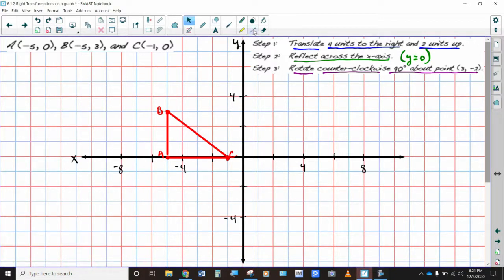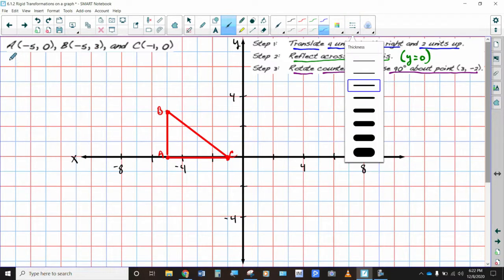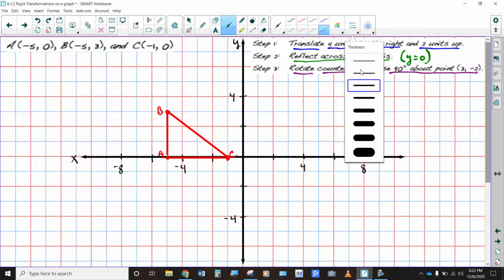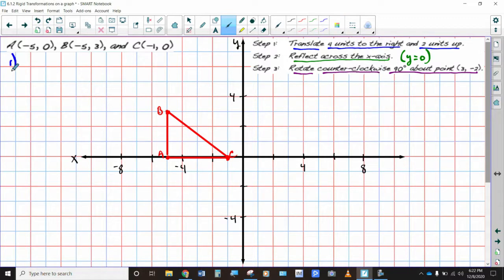All right, so for step 1, it says translate 4 units to the right and 2 units up. For step 1, you're going to take x, and 4 units to the right is +4, right? 1, 2, 3, 4.